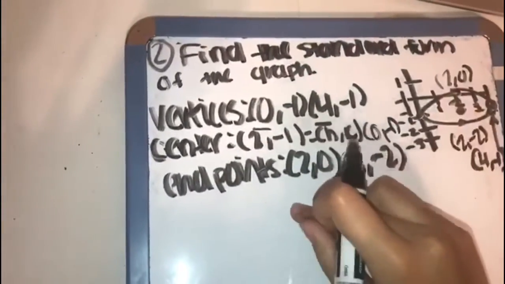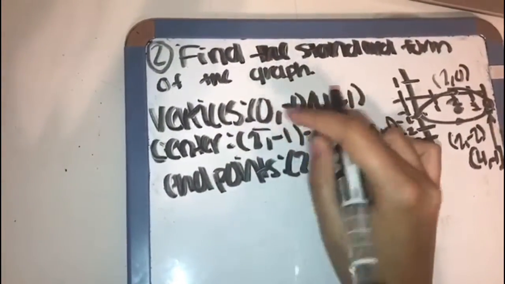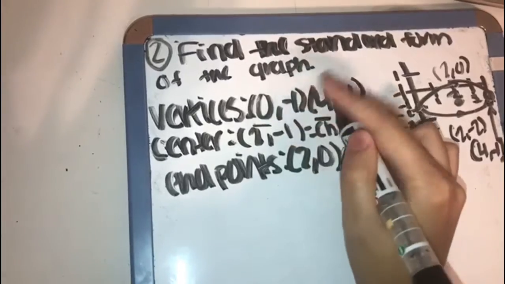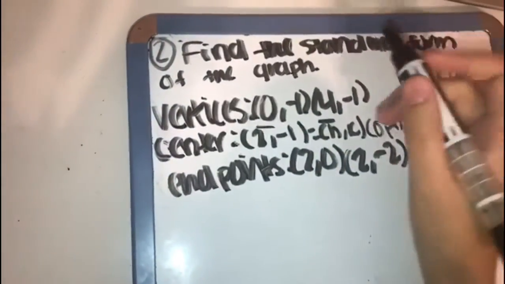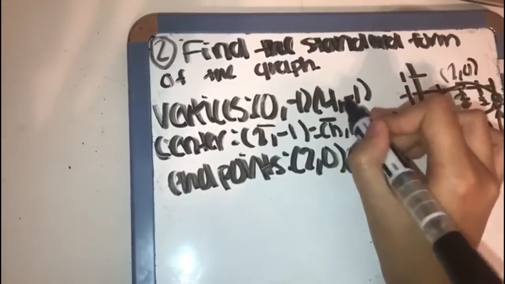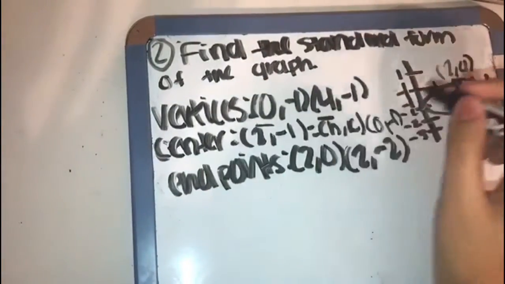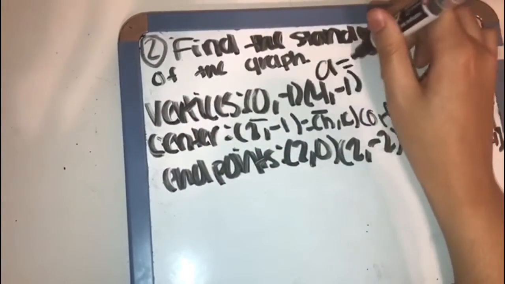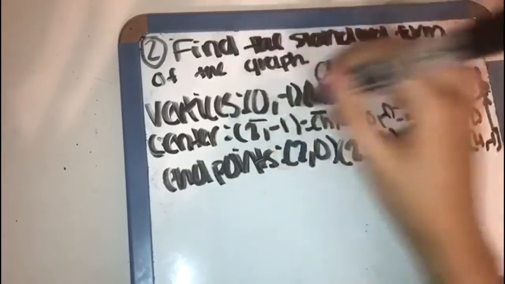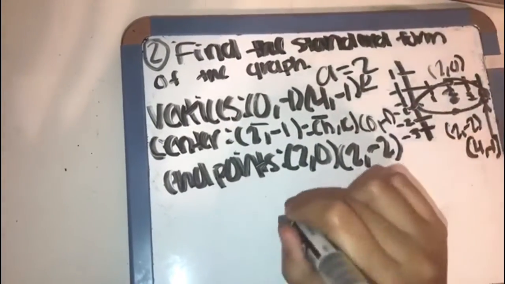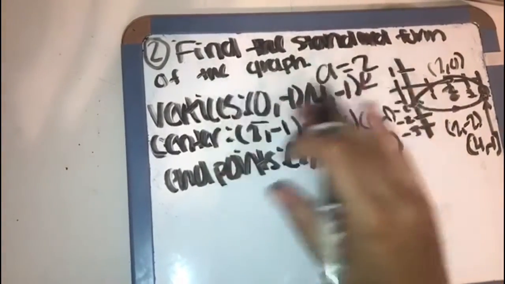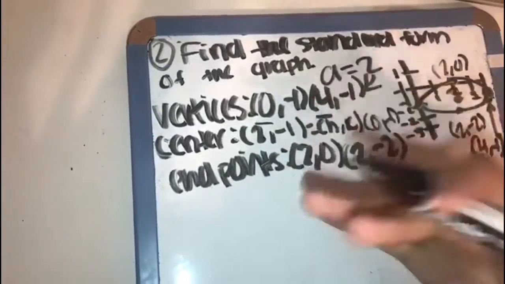The a part would actually be 2 in this problem because of the 4. So a is equal to 2 because of the 4. Basically when you solve these two vertices together, you will get a 2.